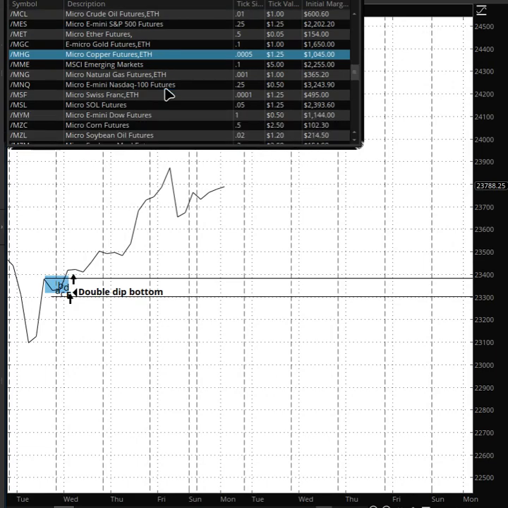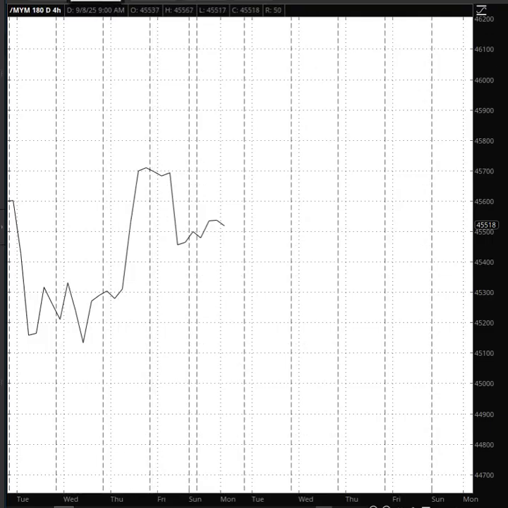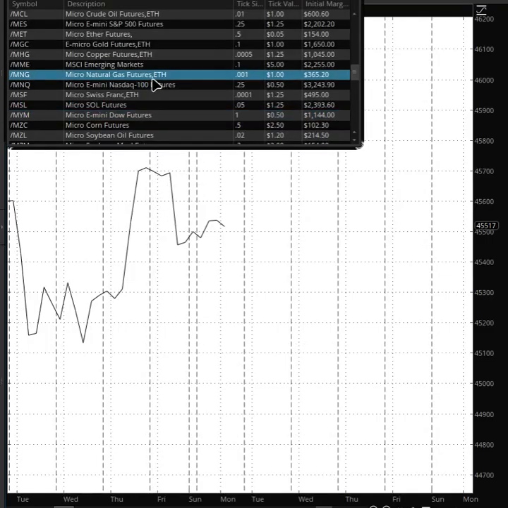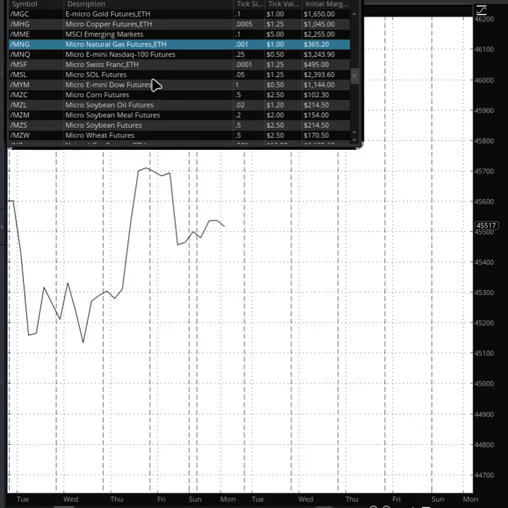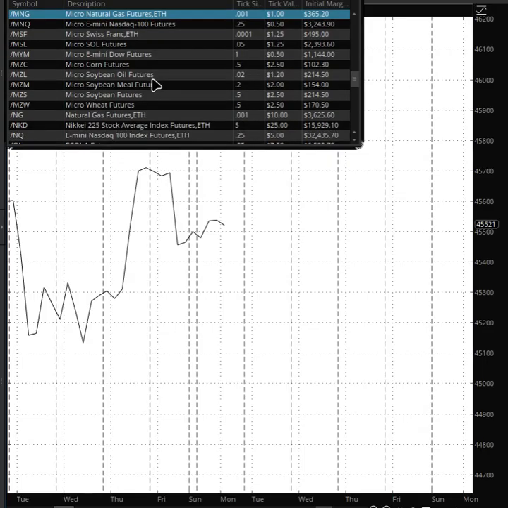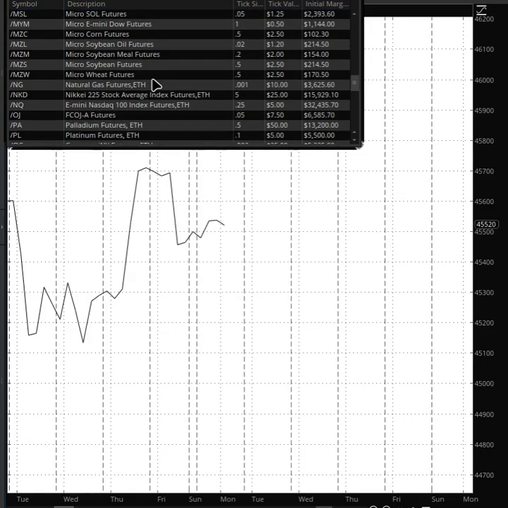Now, when you're trading, you have to keep your eye on the big picture. Okay. Now, here's the E-mini Dow. We'll include that in our arsenal. And let's see, what else can we add that might help us? If you can't find a fractal in one market, you can choose a whole bunch here.